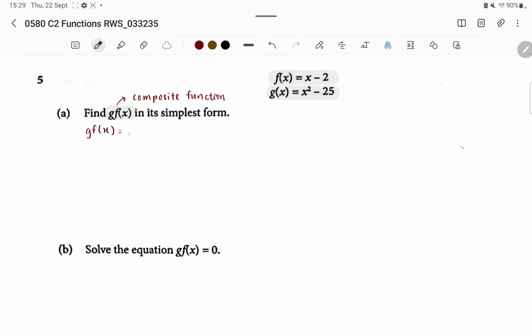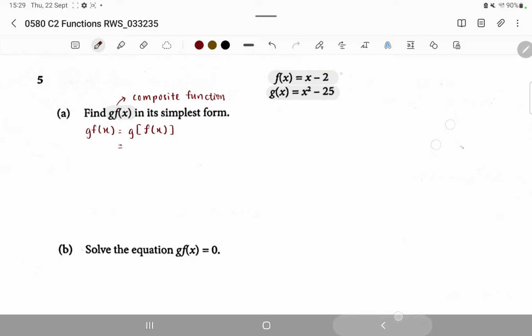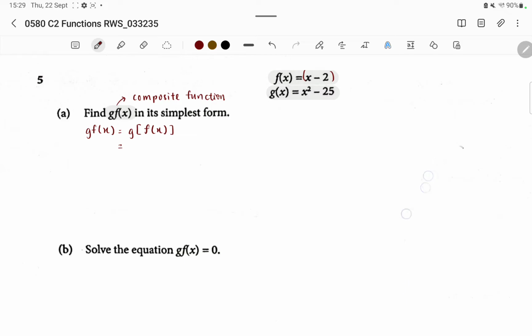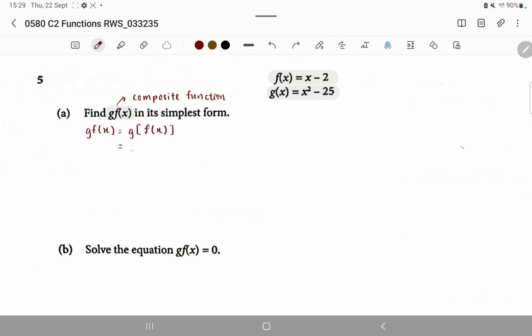gf(x) equals g of square bracket f(x). We substitute x minus 2 into the square bracket.